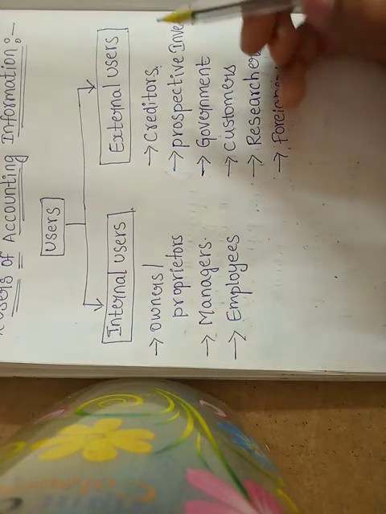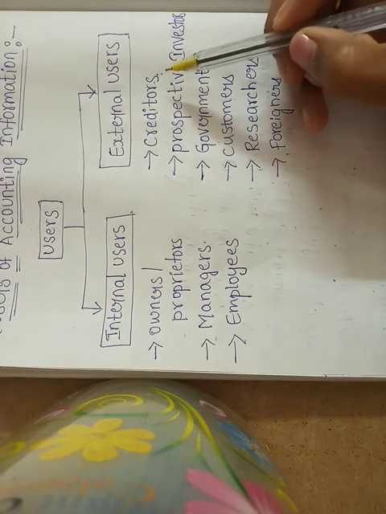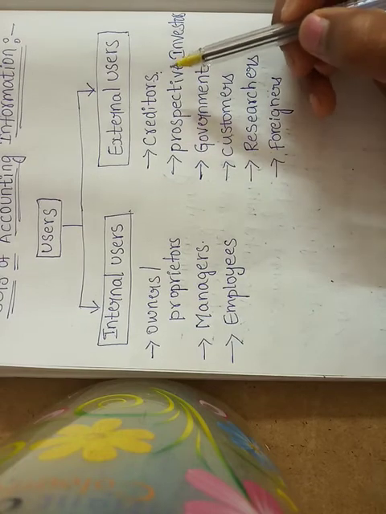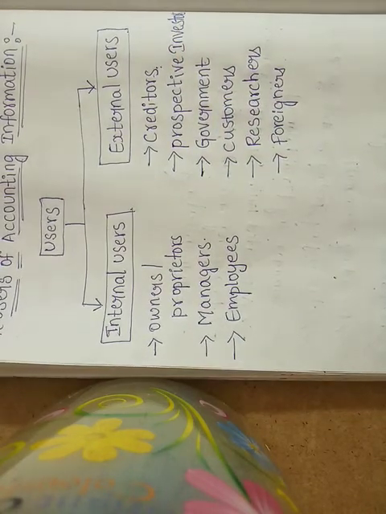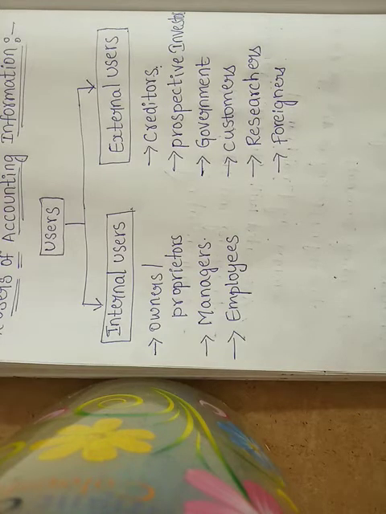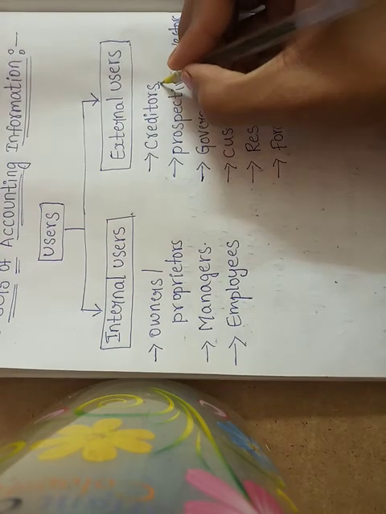The financial statements help them ascertain the liquidity position of the business, that is, the ability to meet financial obligations as and when they fall due. So these are the creditors.